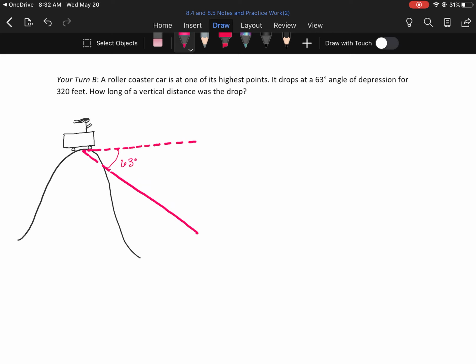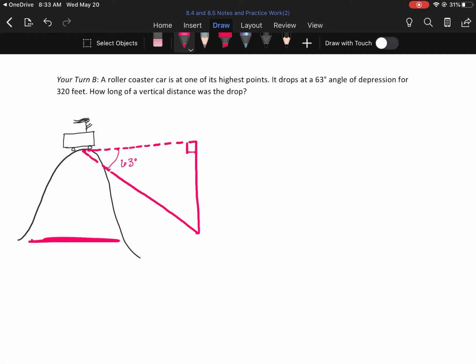Now from here, you have a couple different triangles you could create. I'm going to create them with two different colors. If we want to use that 63-degree angle, I know I drew my line past that, but we're going to say the bottom is here. So I'm going to draw my triangle there.